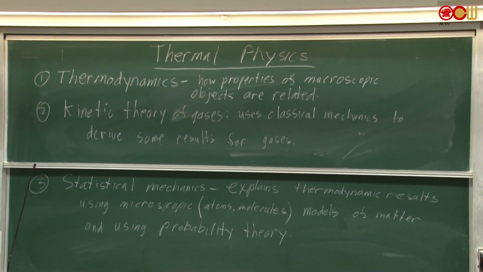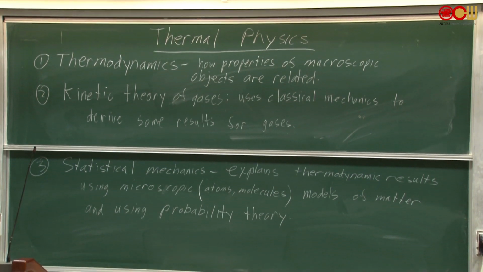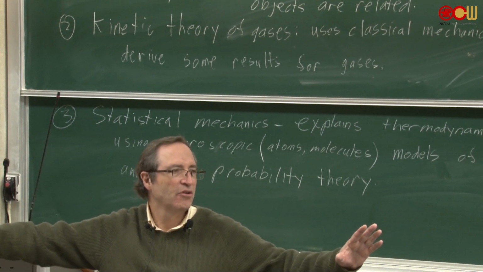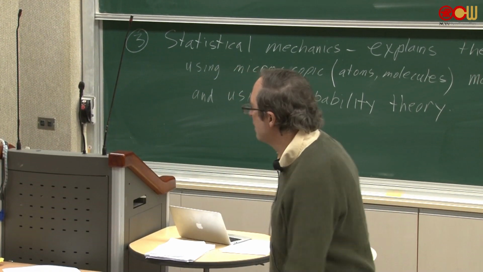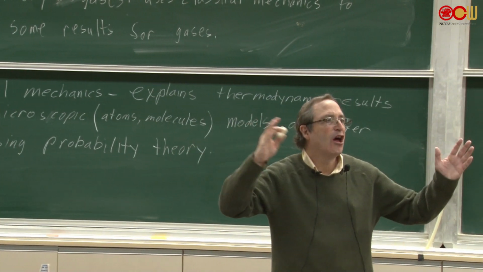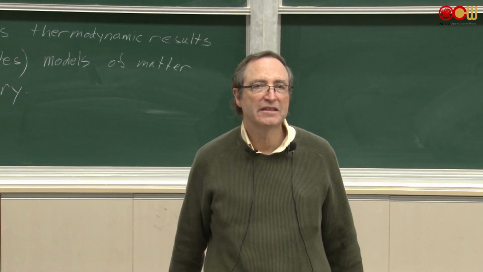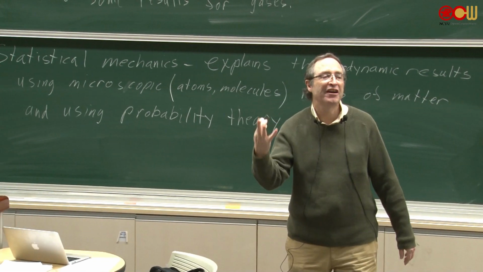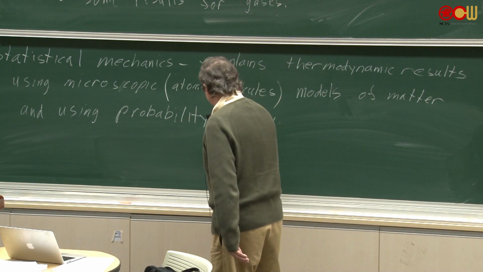This whole approach, the idea of thermodynamics as kind of a high-level theory based on empirical observations, and then statistical mechanics as a lower level theory that explains thermodynamics, is frequently used as the paradigm, the example of reductionism in science.